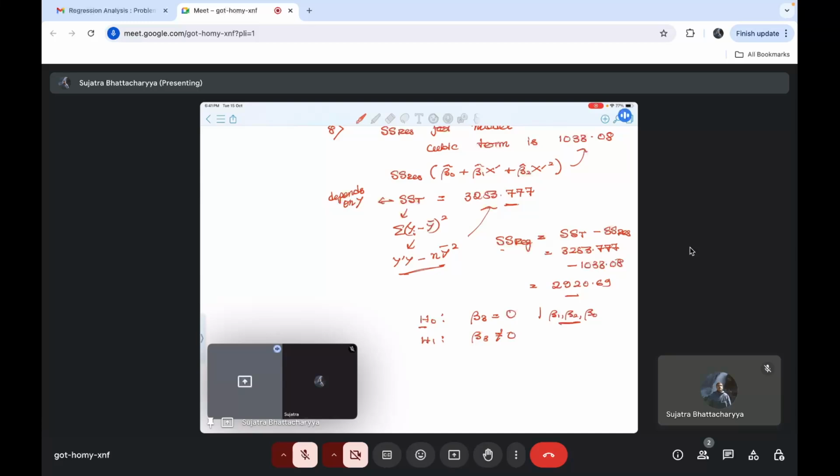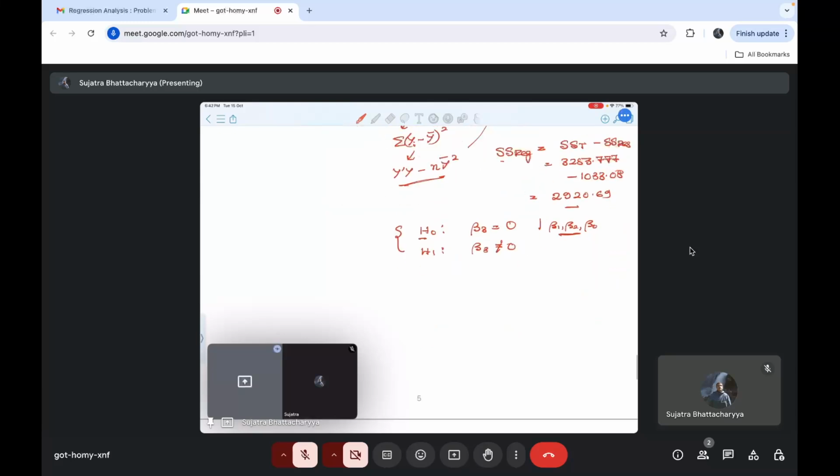But if it is not accepted, if beta 3 is significantly different from 0 in the presence of beta 1, beta 2 and beta naught, then we can say that no, it cannot be deleted. So this is the hypothesis testing corresponding to the question which is given.